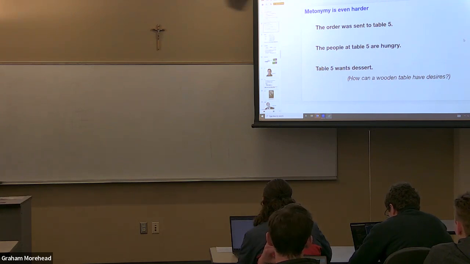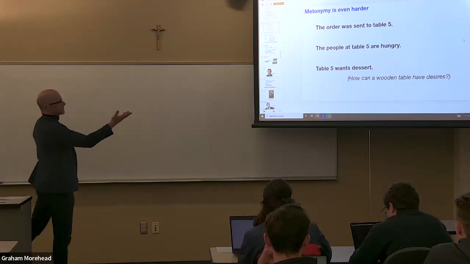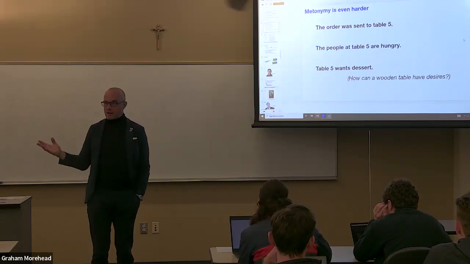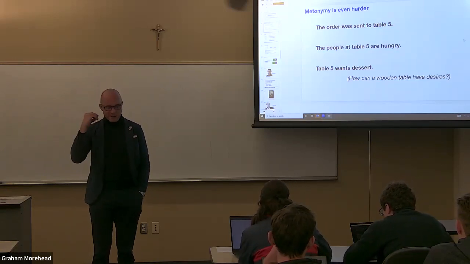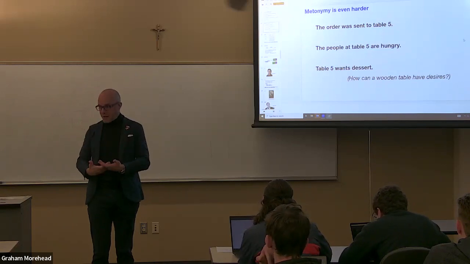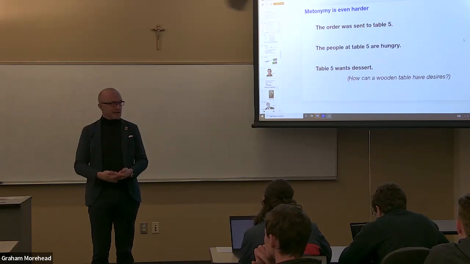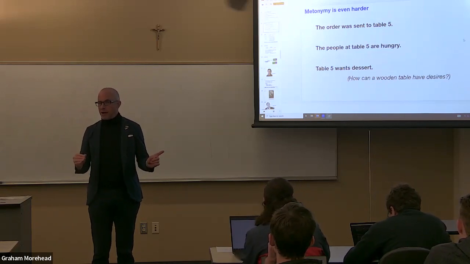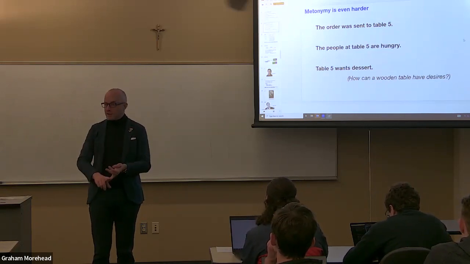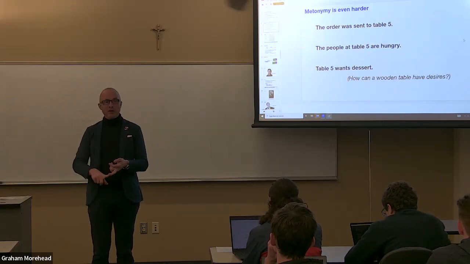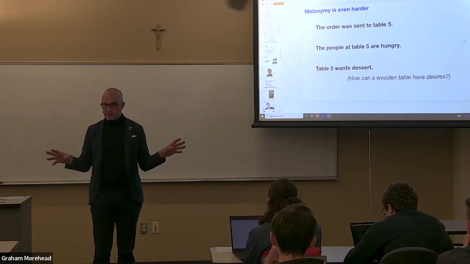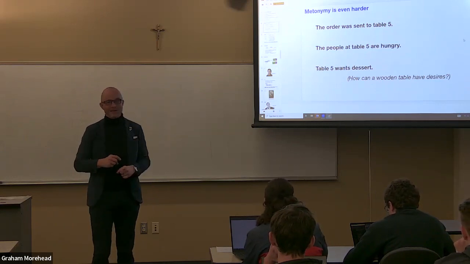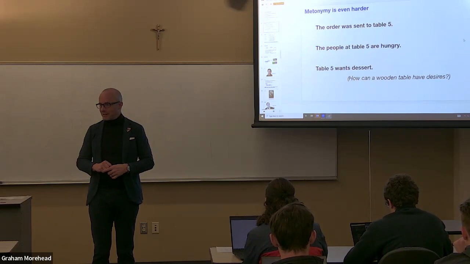All right, so metonymy was the next topic we were going to look at. In natural language processing, if you want to actually understand what something means, that's called natural language understanding, NLU. Your Alexa does it, your Siri does it, Google Home, maybe a few other things do it. This is a really hard task in general.